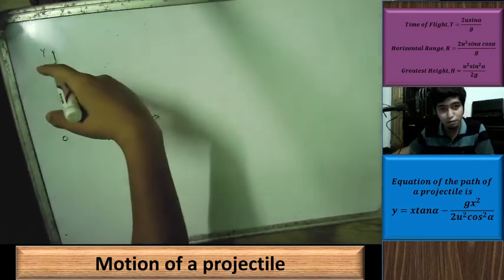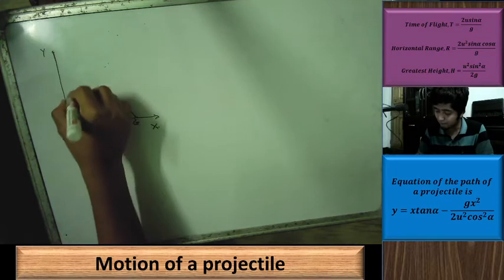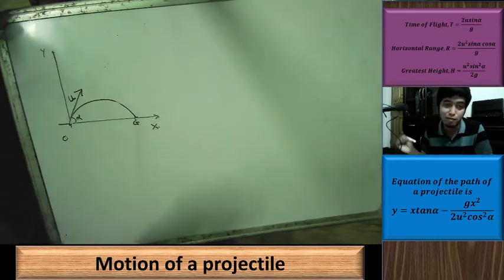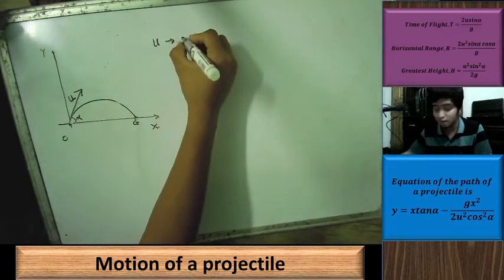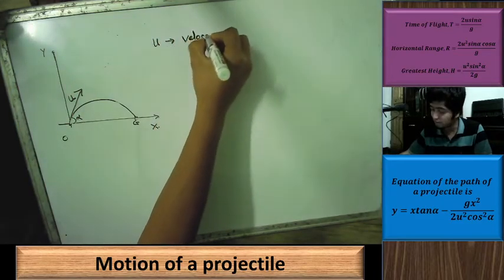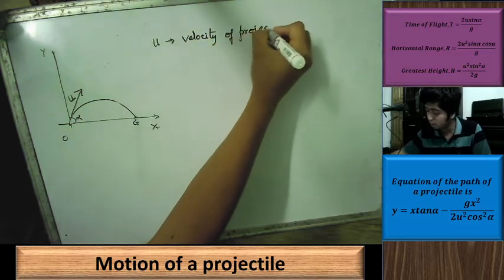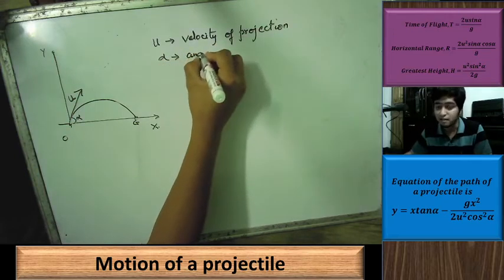You throw it in some direction, alpha, with some velocity U. U is called the velocity of projection, and alpha is called the angle of projection.